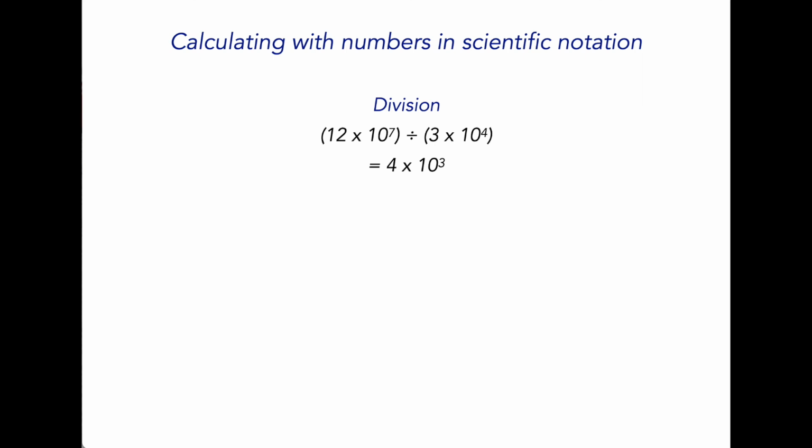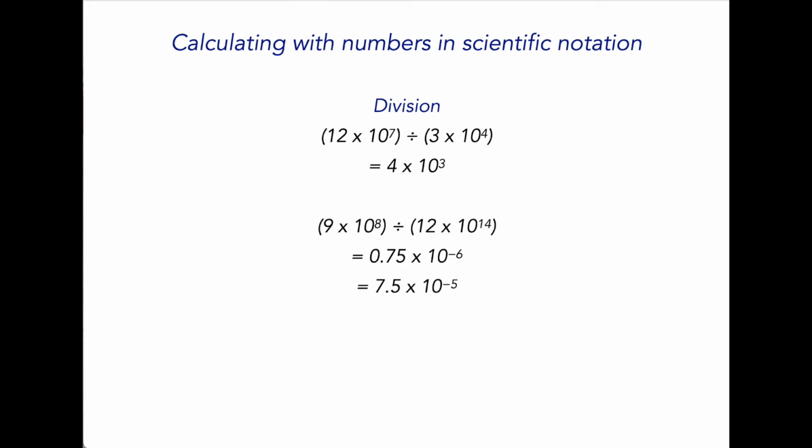Under the laws of indices, when we divide exponents, we subtract the indices. So 10 to the power of 7 divided by 10 to the power of 4 is 10 to the power of 7 minus 4, which is 10 cubed. So the answer is 4 times 10 cubed.